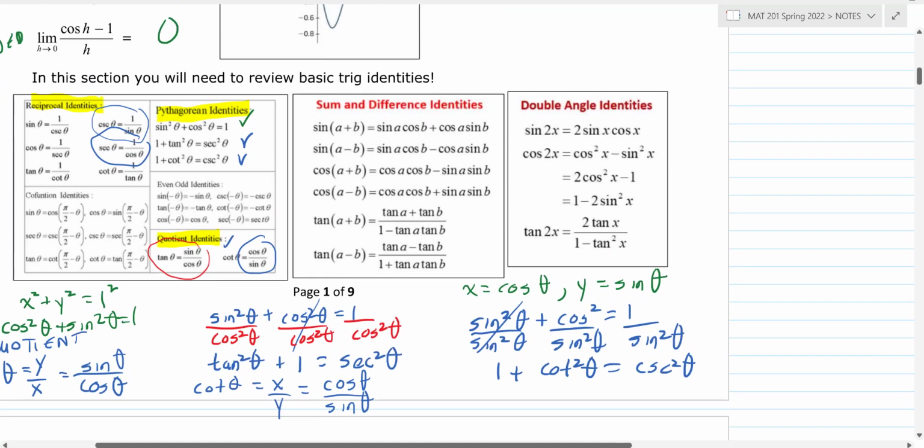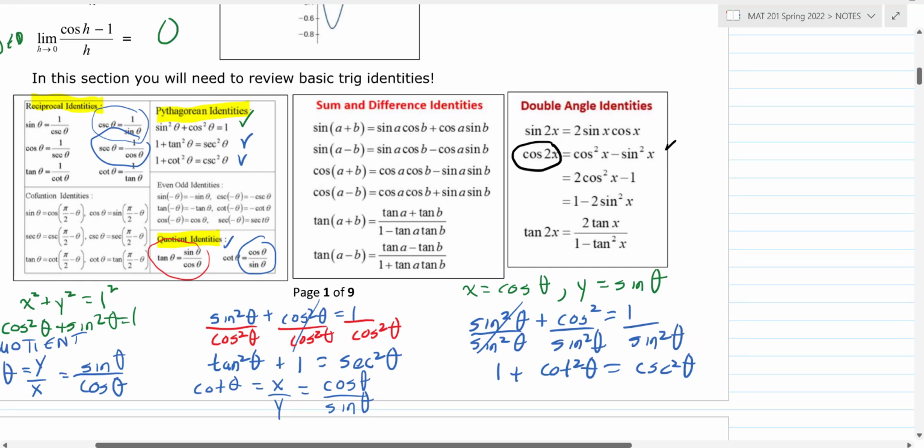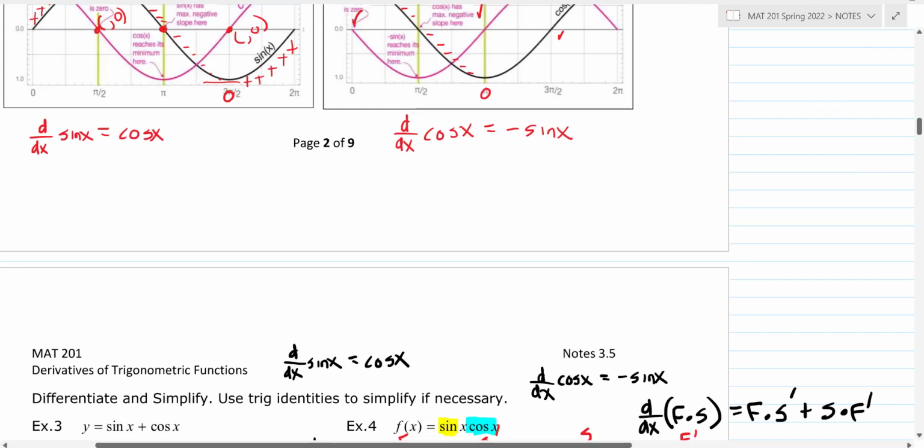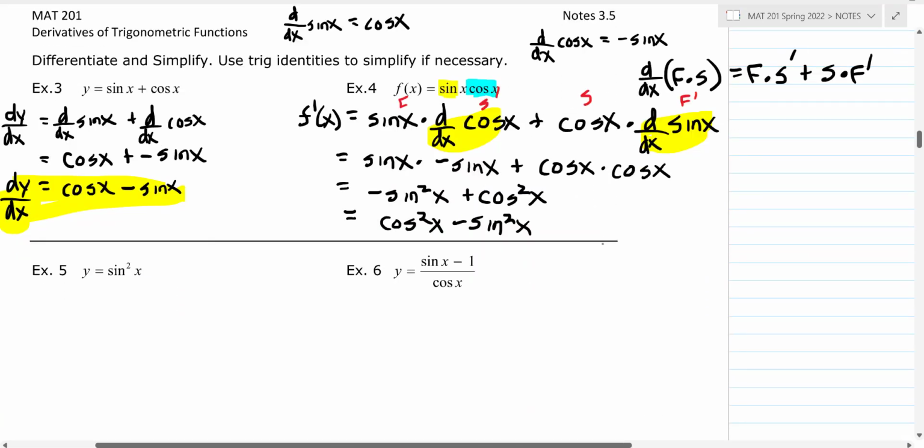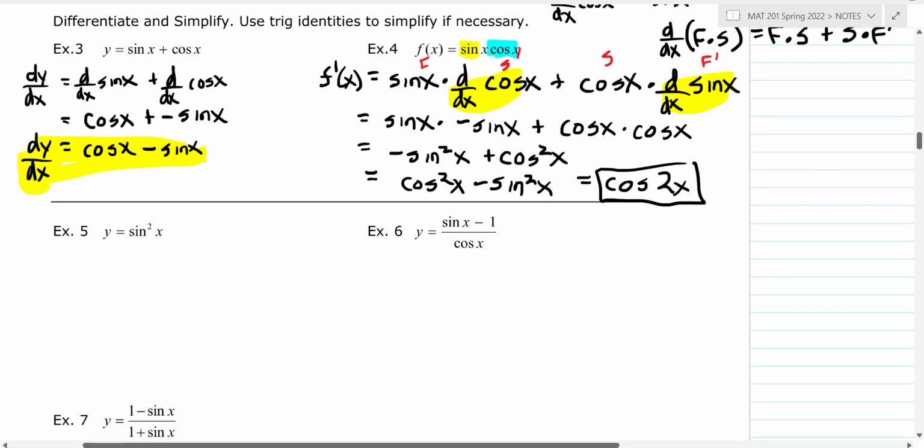If I go back right here, the cosine squared x minus sine squared x is the cosine of 2x. So in this problem, you could go through and simplify this, and you would want to take it all the way to the cosine of 2x. If you can use an identity, use an identity. And there's more than one way to do that.